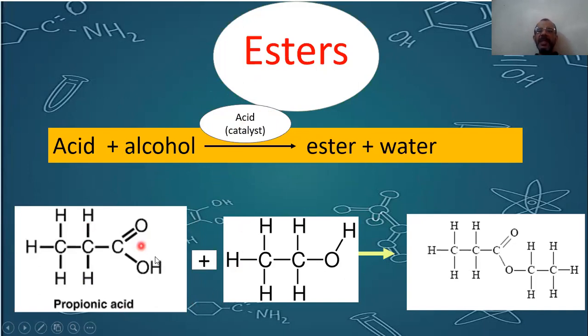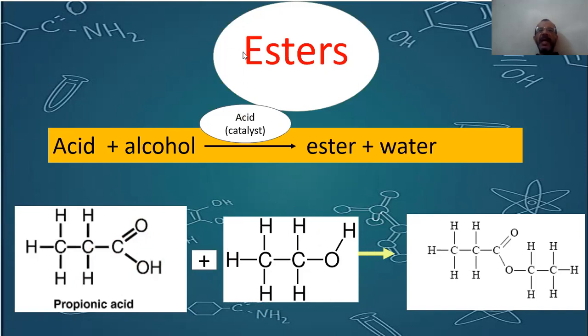This one here represents the reaction between propanoic acid and an alcohol to form ester. Look here at the acid. How can you know this one is acid? Again, 2 oxygen atoms. One of them is a double bond, another one is OH. How can you know this one is alcohol?